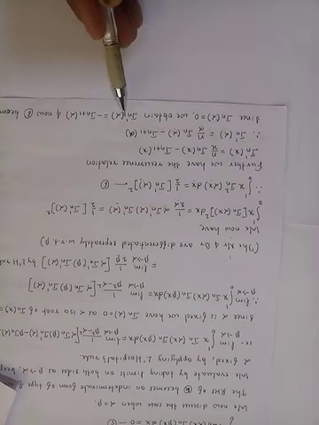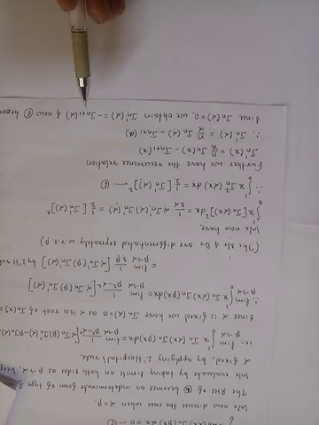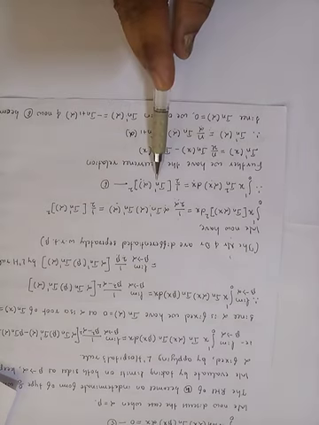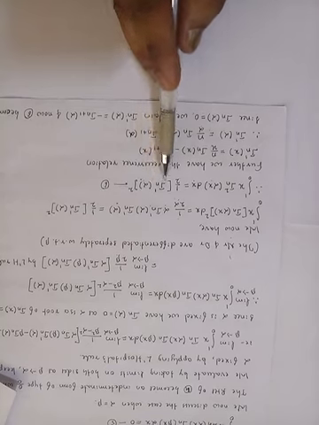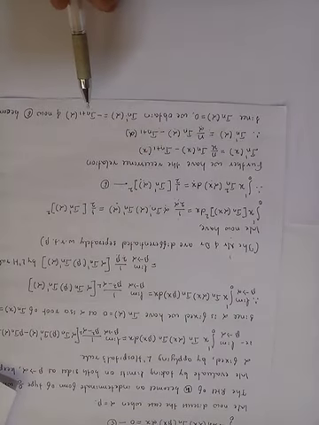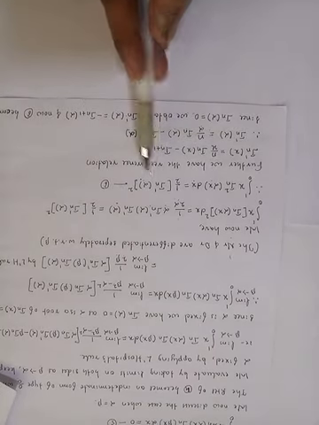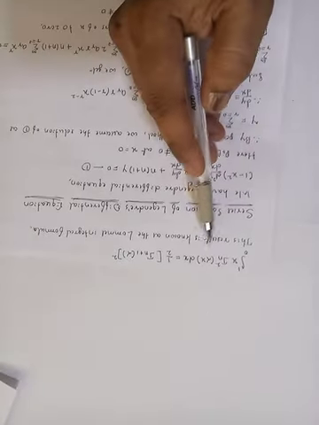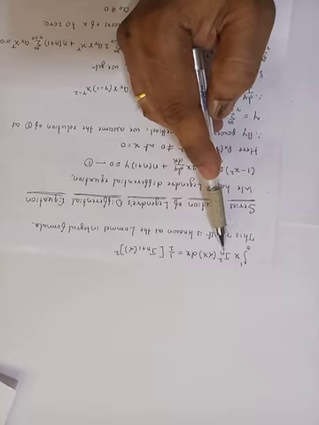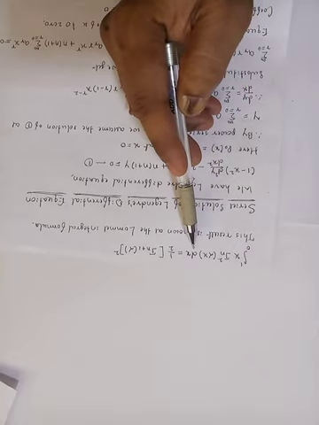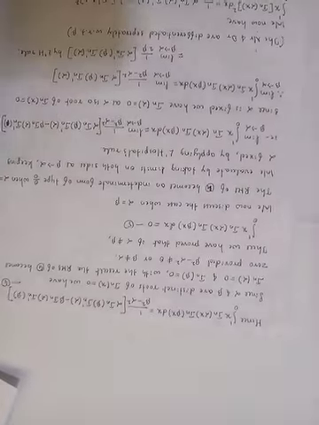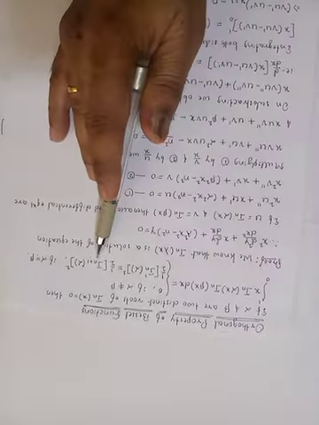Using this result, we get the second one: integration 0 to 1 x into Jn square of alpha x dx equal to 1 by 2 into Jn plus 1 of alpha whole square.